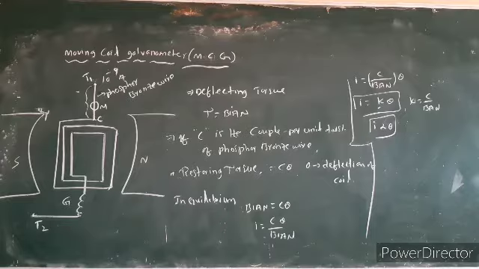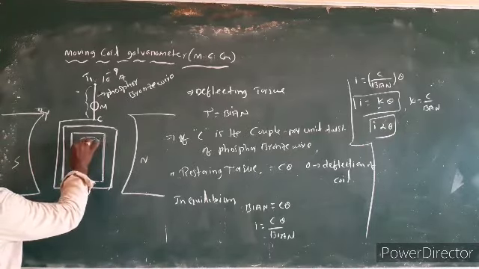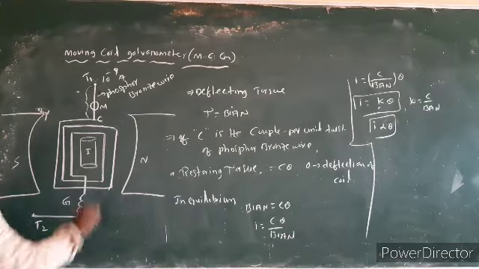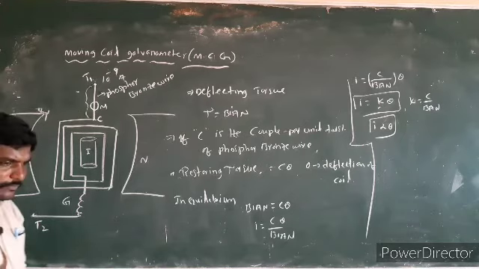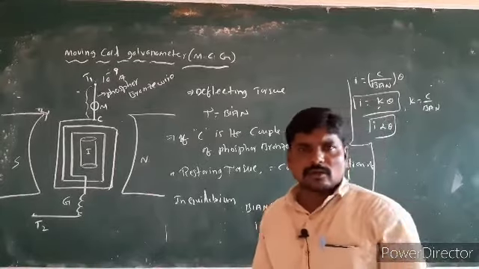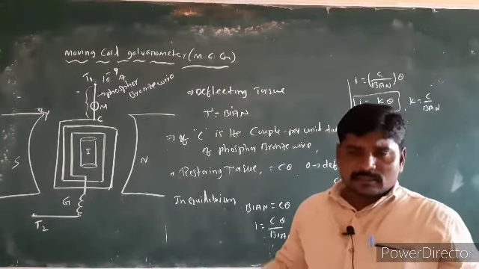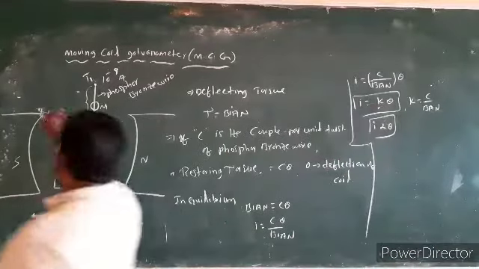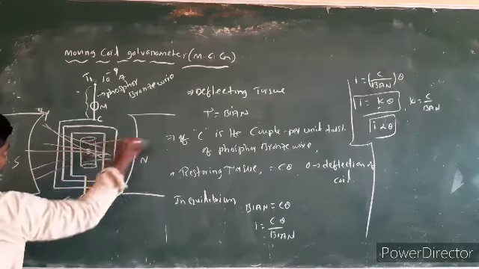Next, to increase the strength of the magnetic field at the center of the coil, we place one iron cylinder at the center of the coil. What is the advantage of this iron cylinder? When we place it at the center of the coil, it attracts the maximum number of magnetic field lines to pass through it, like this.